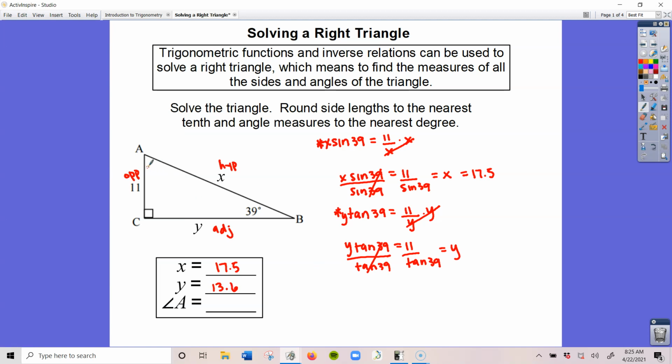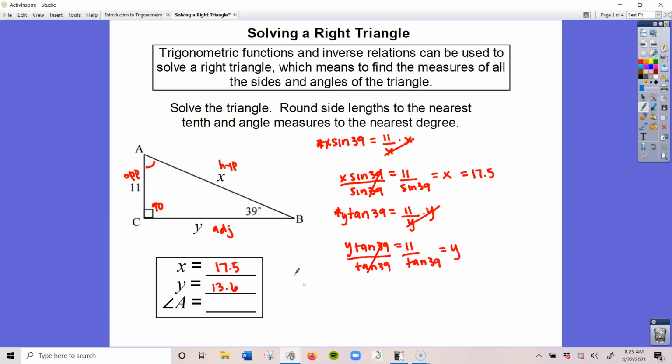Now to solve for the missing angle A, you can do this in two ways. Now that you have all of these sides, you can use any inverse trigonometric function to solve for A. Or all angles of a triangle add up to 180. So I know that this is 90 and this is 39.